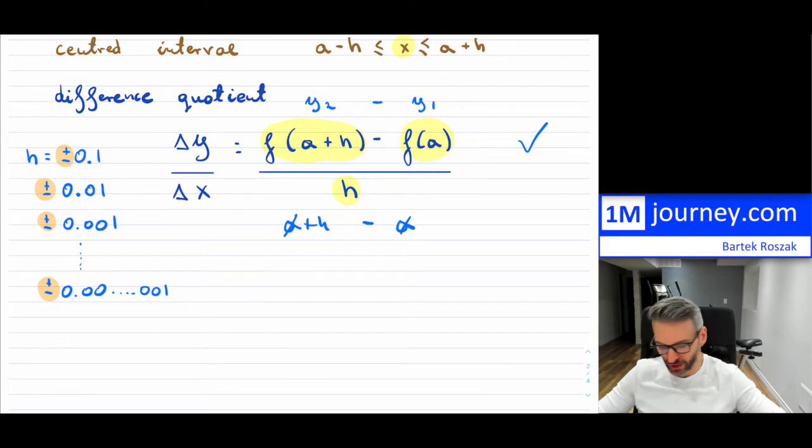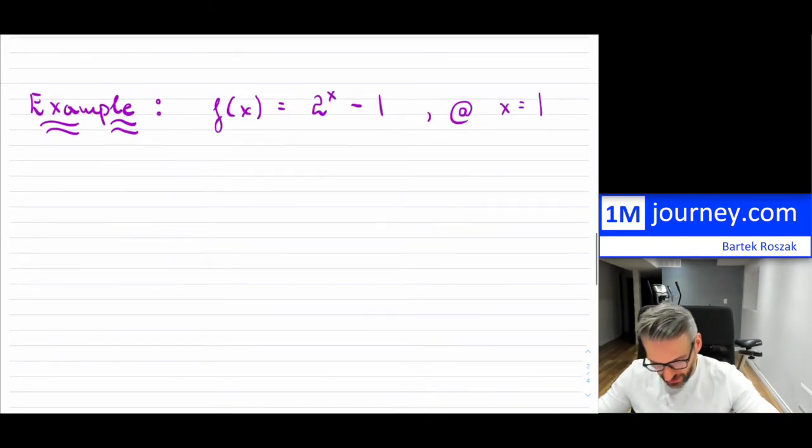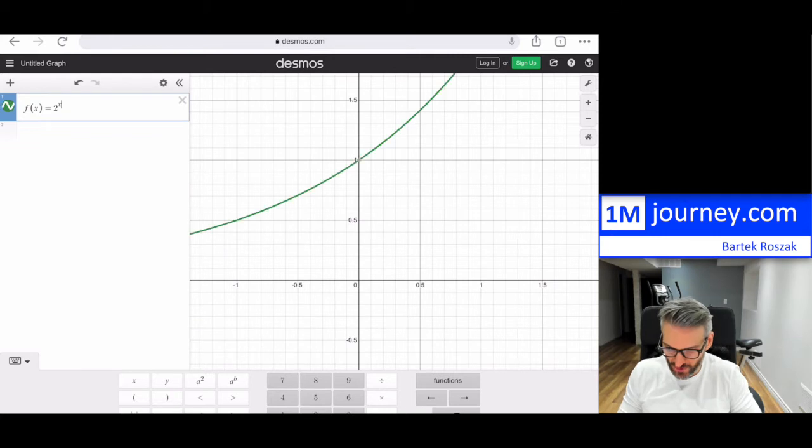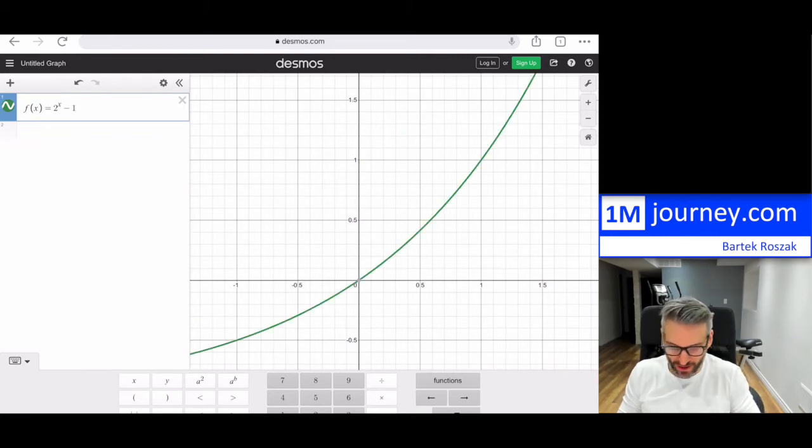Okay, so let's take a look and see what happens. So here is an example of a function. Now, let's graph this so that we can kind of see, and I'm going to try to bring it into our notes. All right, so here's decimals. I'm going to graph this function. So it's 2 to the x minus 1.